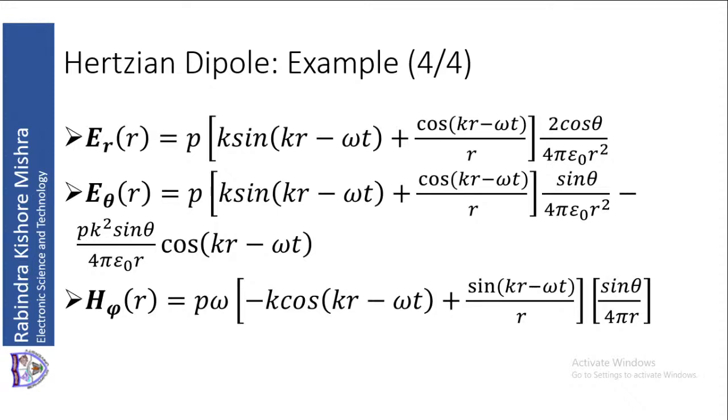So H phi is equal to this value: P omega into minus K cosine of (KR minus omega t) plus sin(KR minus omega t) by R, into sin theta by 4 pi R. Now if you look at the second term, it has sin(KR minus omega t) by R, multiplied by 1 by 4 pi R. So the second term is dropping faster than 1 by R, so it does not contribute to radiation. It is contributing to the near field. So only the first term is contributing to the radiation.